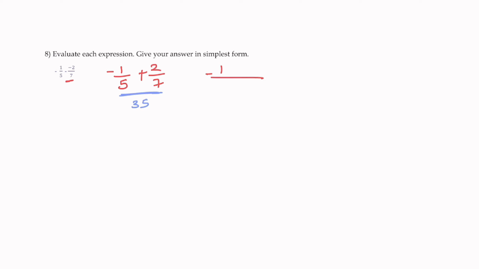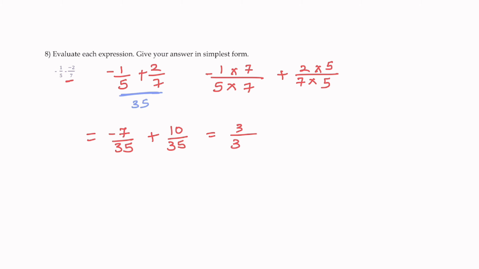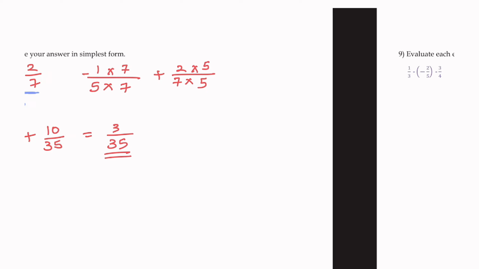Hence, minus 1 over 5, both times by 7, plus 2 over 7 and timed with 5, which is equal to minus 7 over 35 and plus 10 over 35. And that gives us the difference between minus 7 and 10 is 3 over 35. So basically you did 10 minus 7 and the sign of the bigger number, the larger number, and it's done.